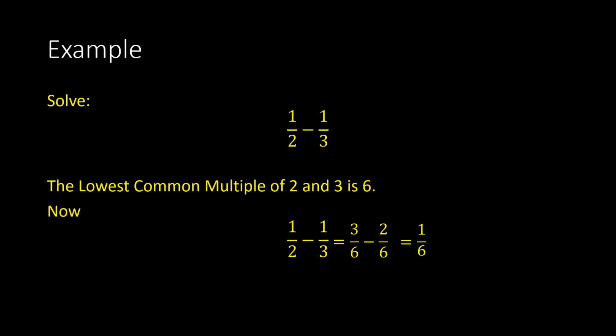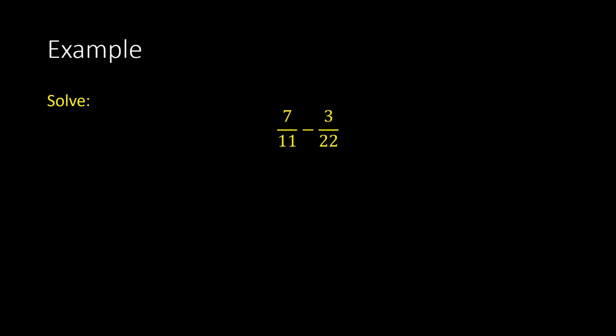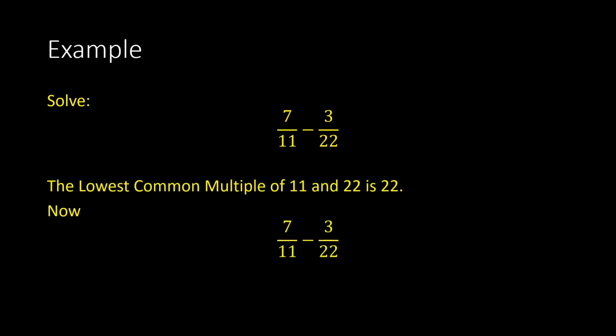Now let's subtract two fractions from each other. As before, convert the fractions so the denominators are the same. The denominators are 11 and 22. The lowest common multiple, or LCM, of 11 and 22 is 22.